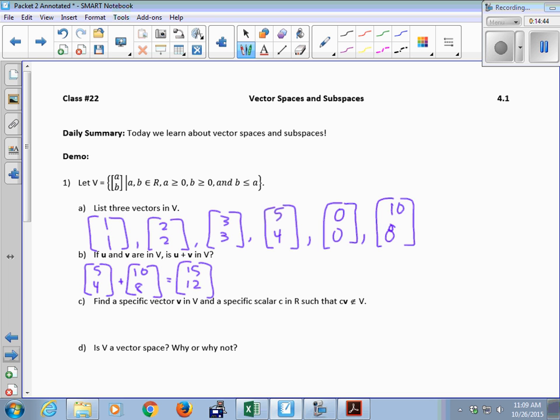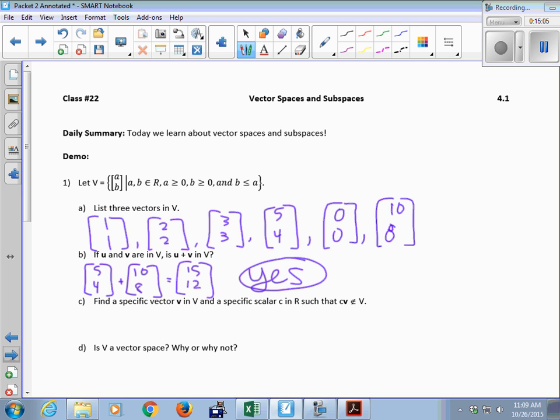They're both positive, and my second entry is smaller than my first. Will that always happen? Yes, because my second entries are going to be smaller than my first entries. So that tells me that V is closed under addition.